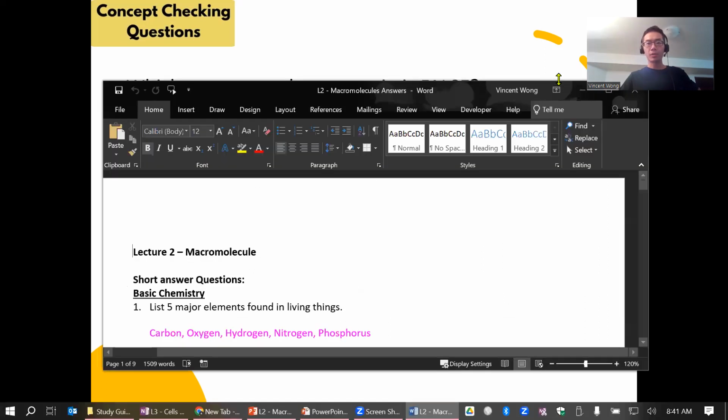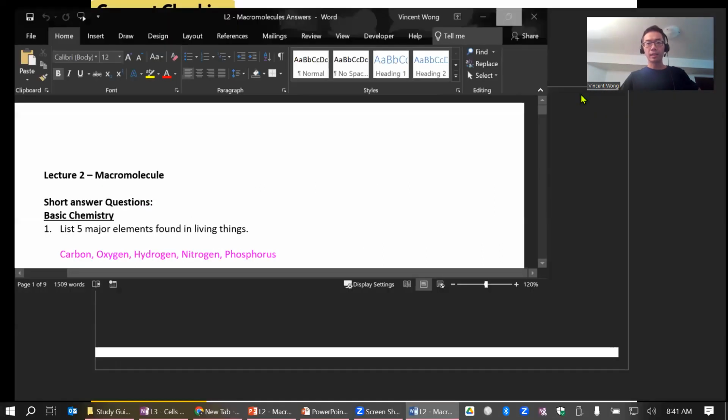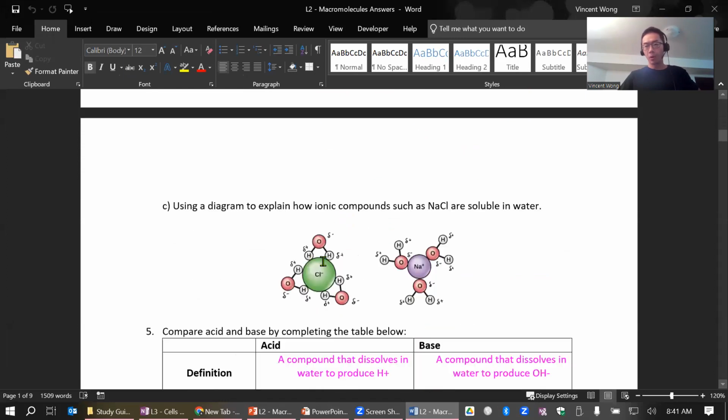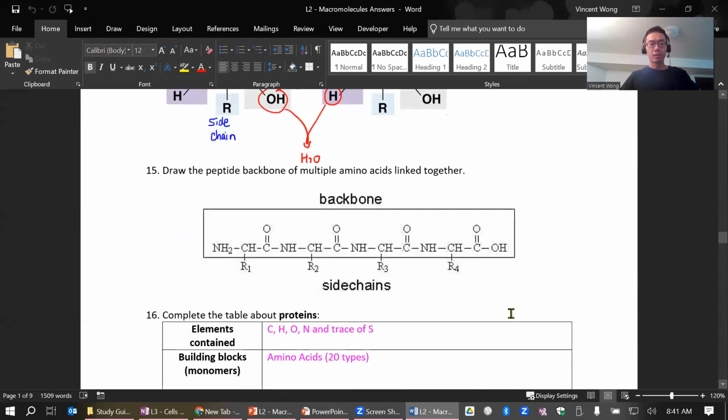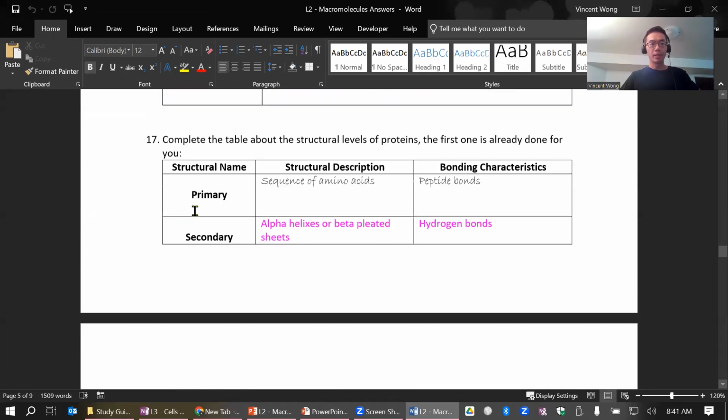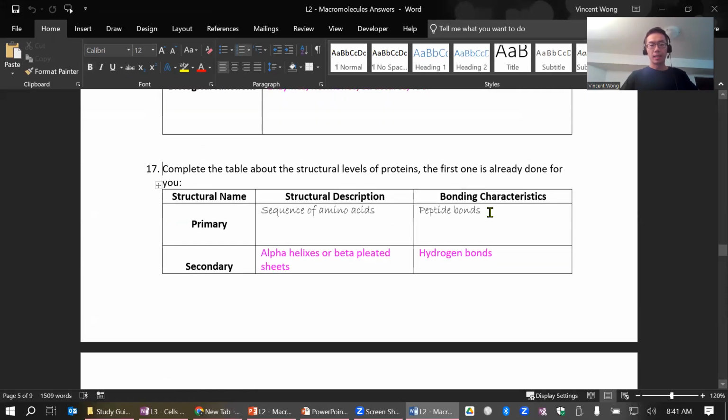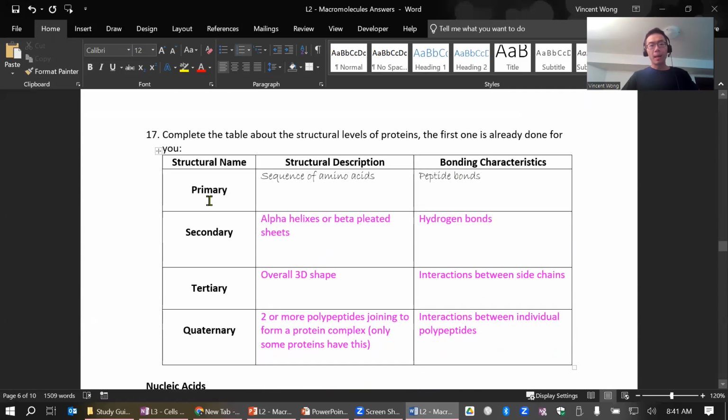So let me just go to the study guide here for a second. I already posted the answers. This question has to do with this chart right here, number 17. The primary structure is the sequence of amino acids held together by peptide bonds.